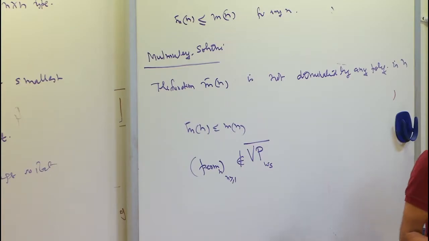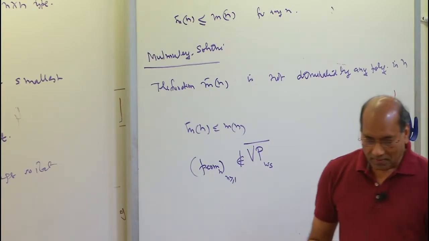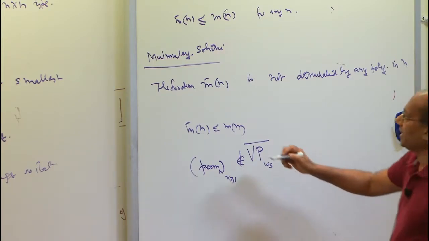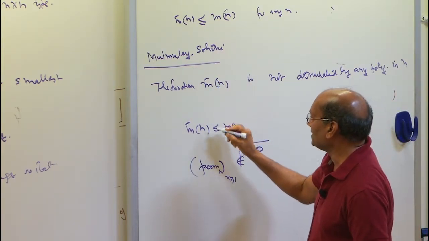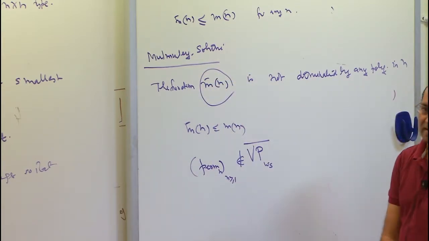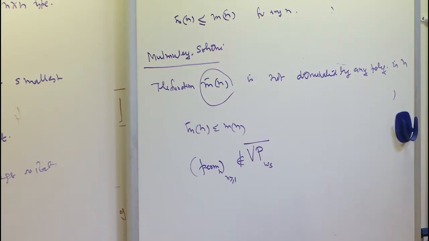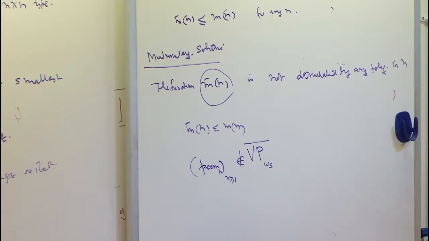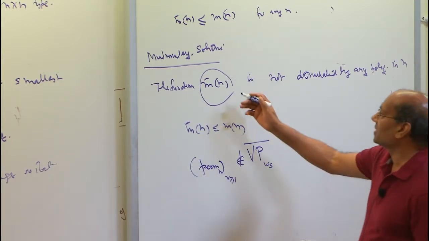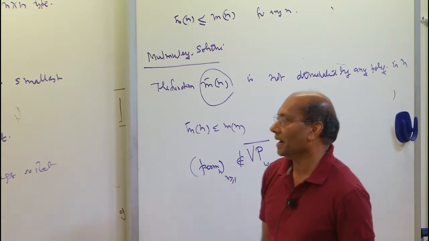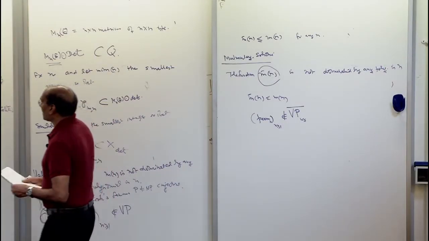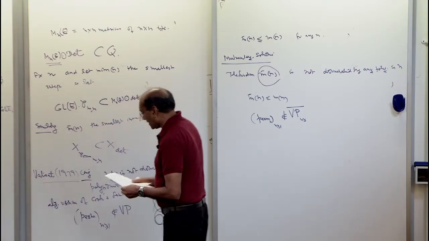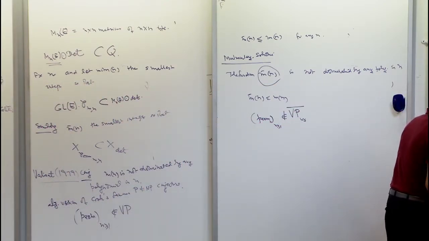Right. So Mulmuley and Sohoni not only made this conjecture that m bar n is not dominated by any polynomial function, but they also laid out a program as to how to prove it. Now the advantage, at least for people like me who dabble in algebraic geometry and representation theory, is that this object can be used in algebraic geometry and representation theory, and that's where I'm coming to.